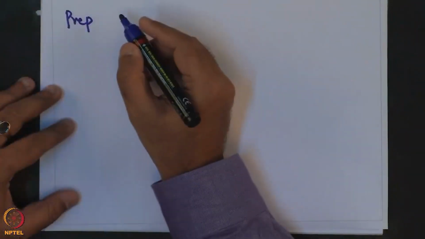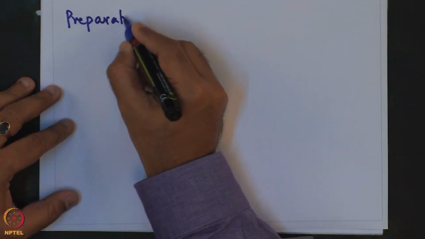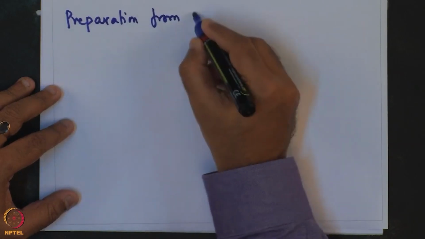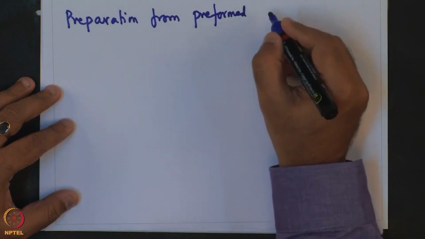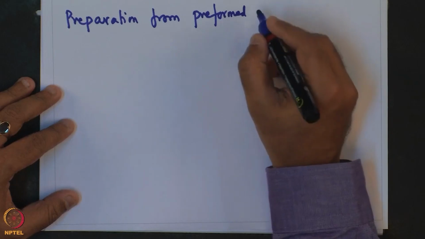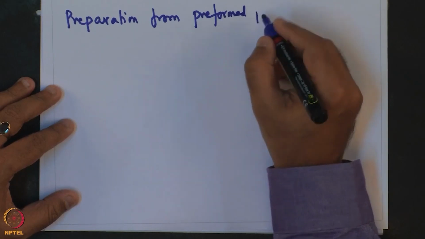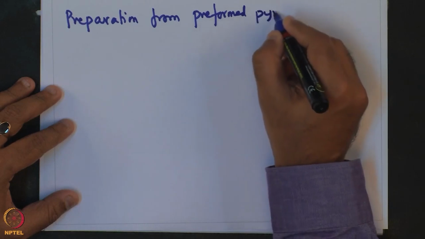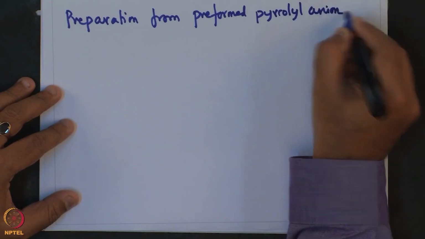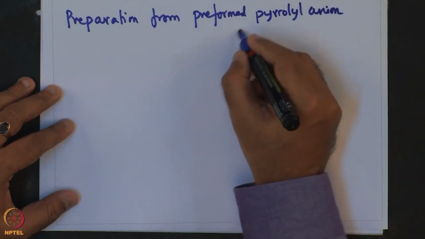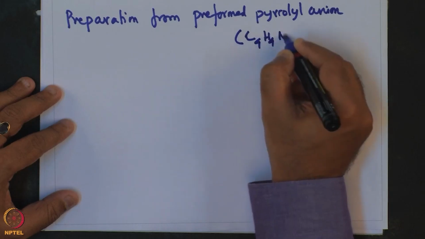The other synthesis involved preparation from preformed pyrrole anion, or C4H4N minus.